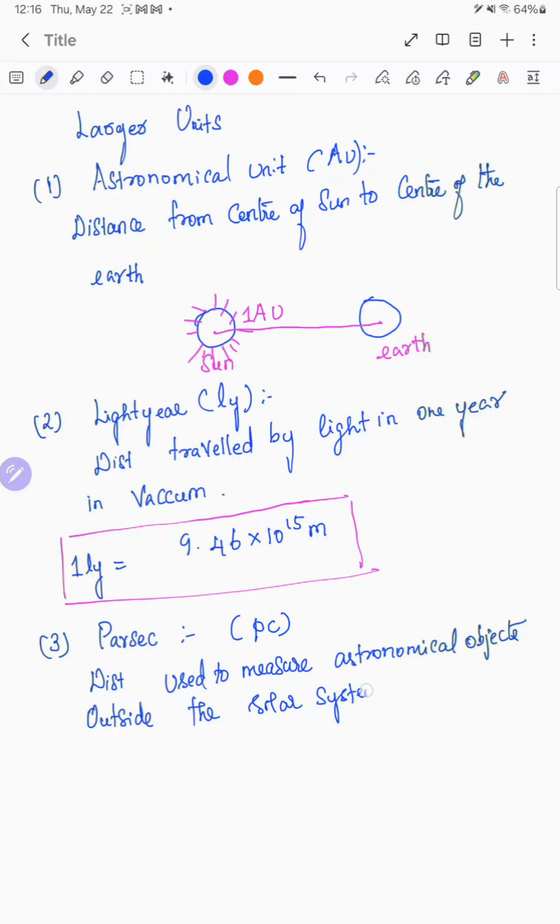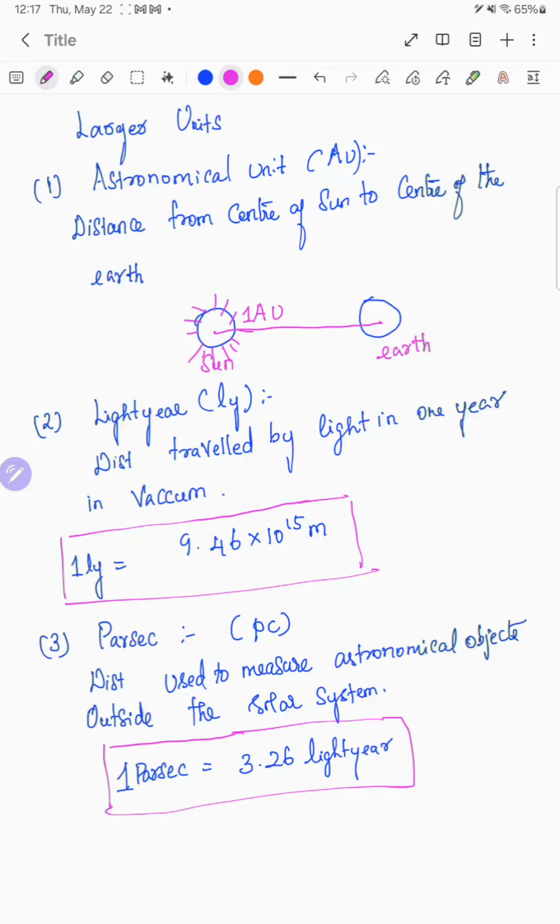So 1 parsec is equal to 3.26 light years. This is the answer you have to remember.